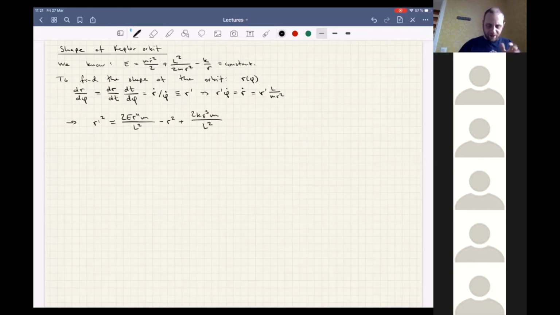And now we're going to cheat a bit. We kind of know from what we have heard that this should be an ellipse. So I'm going to look directly at an ellipse and try to see what kind of statements I can make about it. If I look at an ellipse with a focus here, and I define this angle phi here, and this distance r, I can write the distance r as a function of phi.